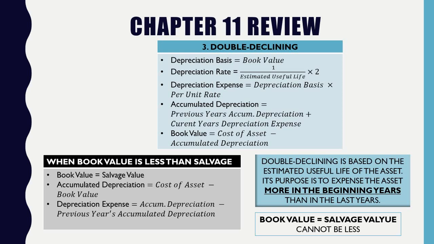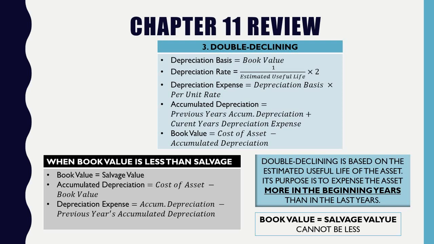So, chapter review. Since we already reviewed all of the components of depreciation yesterday, this section is only looking at calculations. Here are the formulas that you need to know going forward. Now, what happens when your book value falls below salvage value? Then you have to work backwards, with 3 formulas. The double declining method is where you use up the majority of the asset at the beginning of its life, depreciating it twice as much.